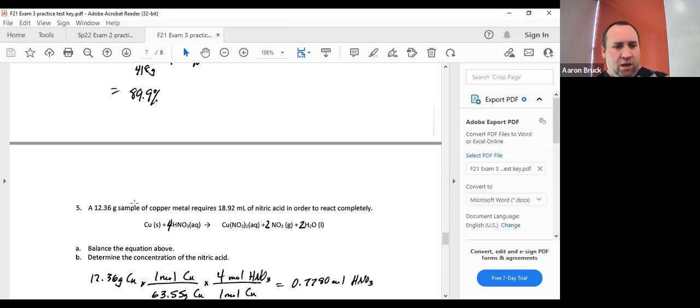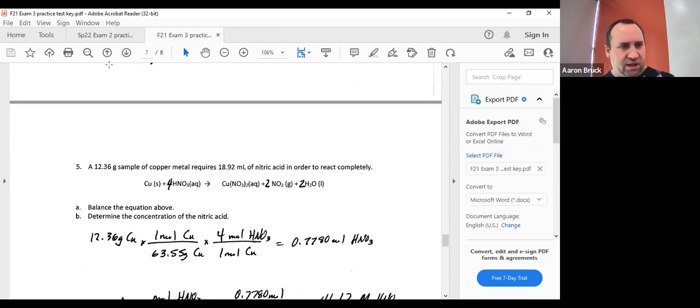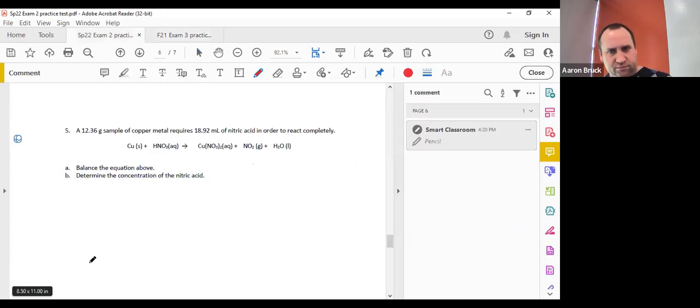So, to balance this, I need 4 nitric acids and 2 nitrogen dioxides and 2 waters.